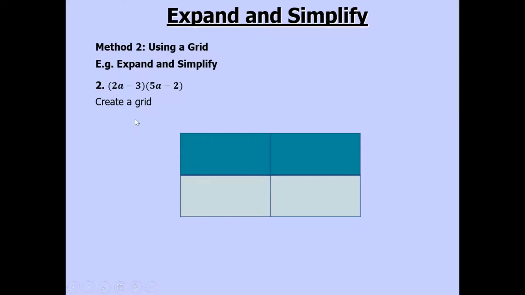So we've got 2a, so I'll write 2a, and the next term is -3, so watch out for this negative sign here, -3, and then the second bracket we have 5a and -2, and then finding the area of this one here is 5a times 2a, which is 10a squared, and then 5a times -3 is -15a.